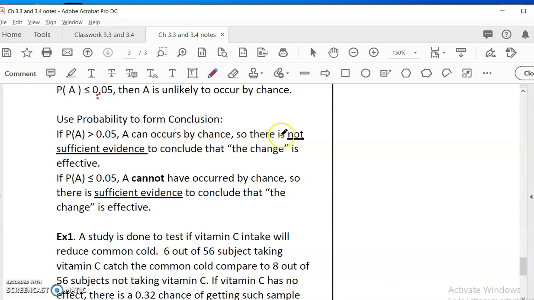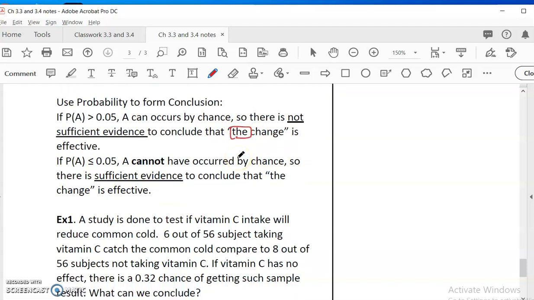So then I would say there is not sufficient evidence to conclude that a change is effective. You change something out of the acceptable norm, out of the acceptable assumption, and then you see something happen, but actually that event could have just happened by chance, not because of the change. So you would say that's not enough evidence.